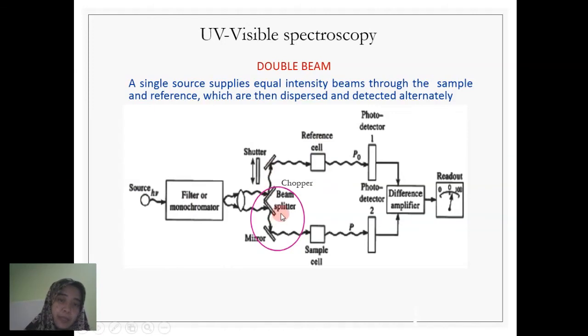In double beam spectroscopy, there is a beam splitter, or what we call a chopper. What is the purpose of this beam splitter or chopper? By using this, they can measure two things at one time, the sample and the reference. Therefore, by using double beam spectroscopy, a shorter measurement time can be achieved.